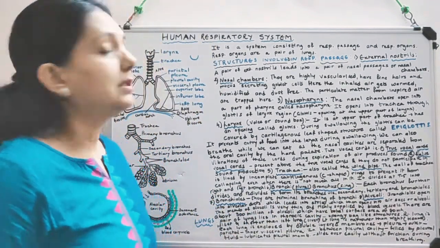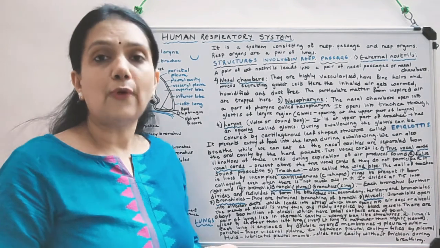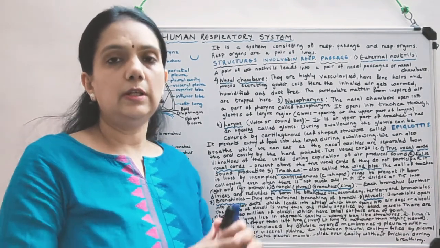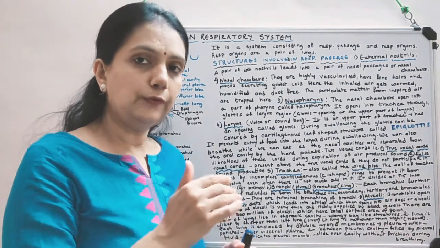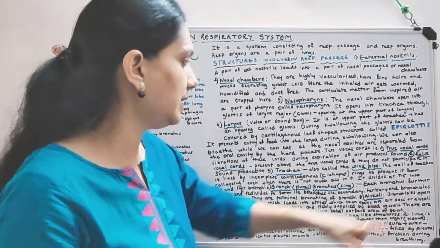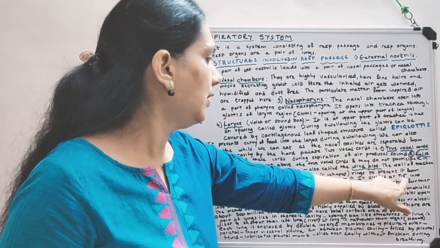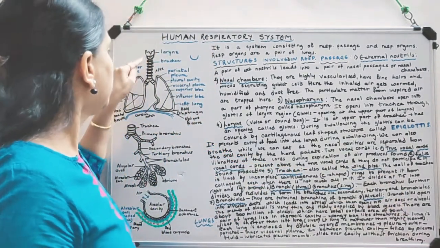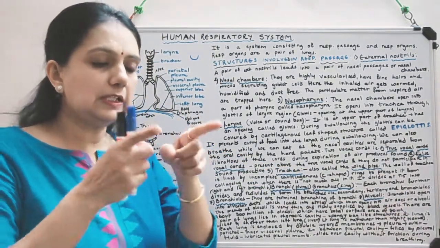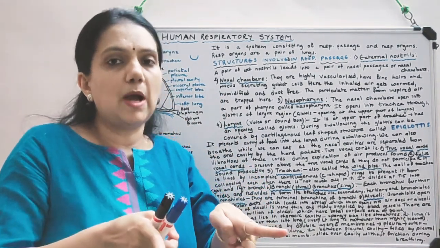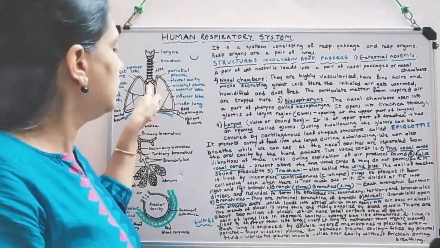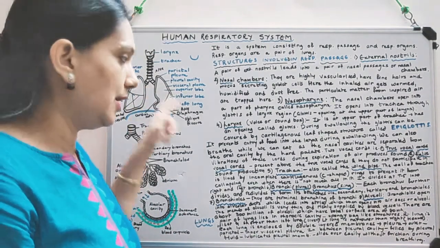Now, at thoracic 5 vertebra, you know there are 12 thoracic vertebrae. So, at the level of thoracic T5, this trachea bifurcates into two. This is now dividing, branching or bifurcating into right and the left.